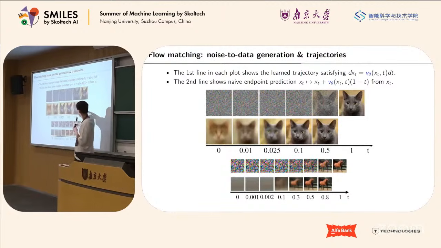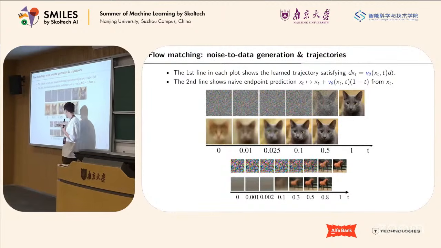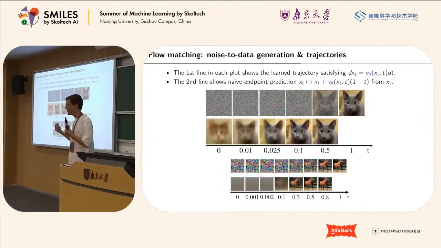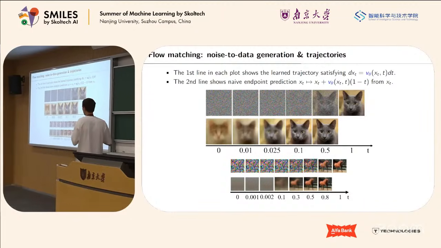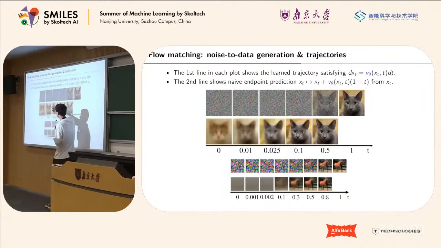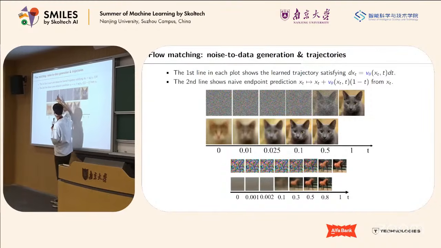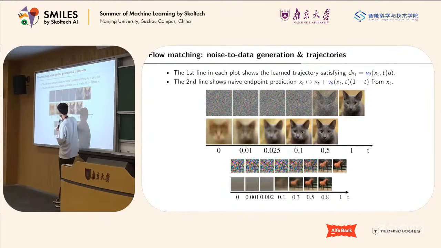This is the same, but for, I guess, the CIFAR dataset. What is shown on the second lines here and here? Basically, it shows a kind of trial to simplify the generation process. In which sense? Suppose that you integrated your trajectory up to some time moment, for example, 0.025, and you do not want to further integrate your trajectory.